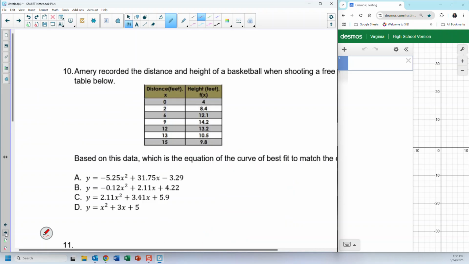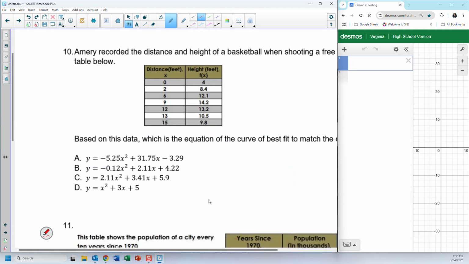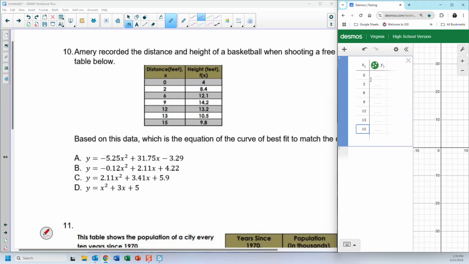Alright, now number 10. The next two are quadratic regressions. For number 10, I'm going to go ahead and plug the table in. Make sure all of the numbers match.